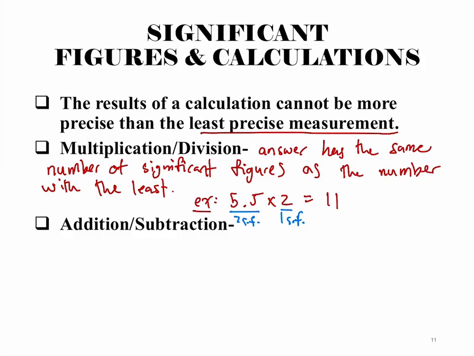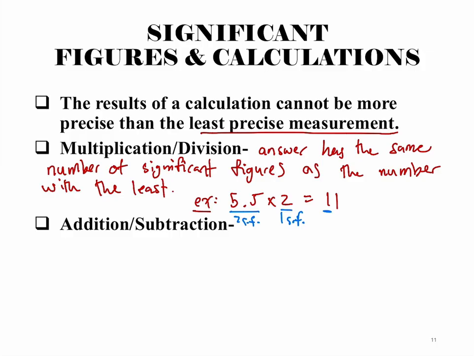So 11, that means that the first digit is our last significant digit. We either round it up or round it down, or keep it the same. Is the next number larger, less than, or equal to 5? Less than, right?